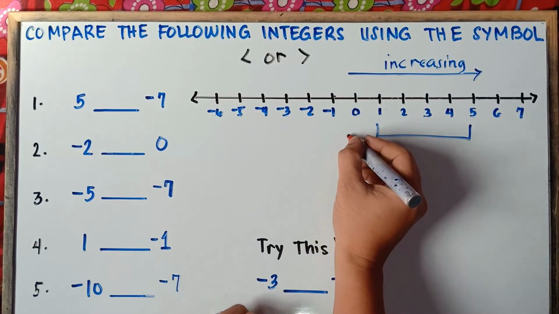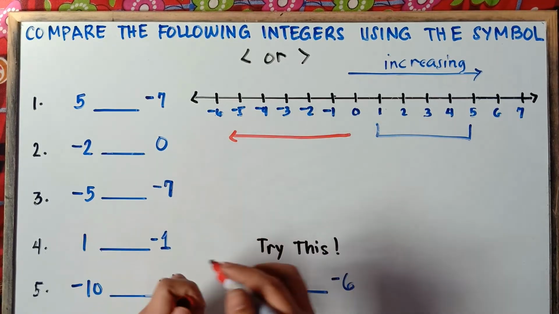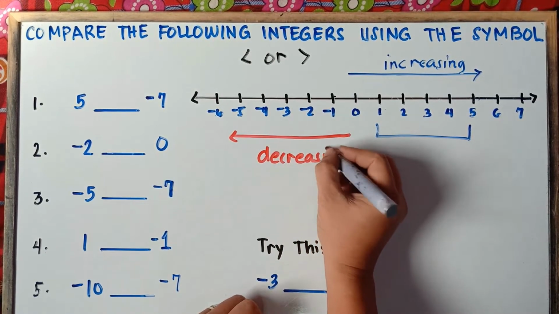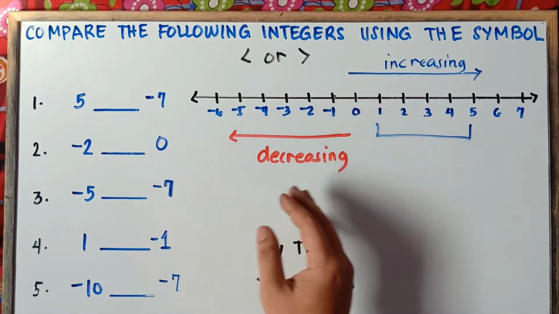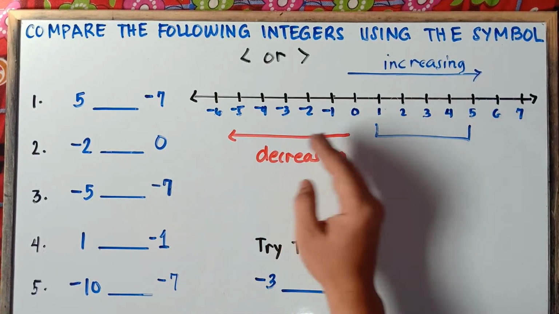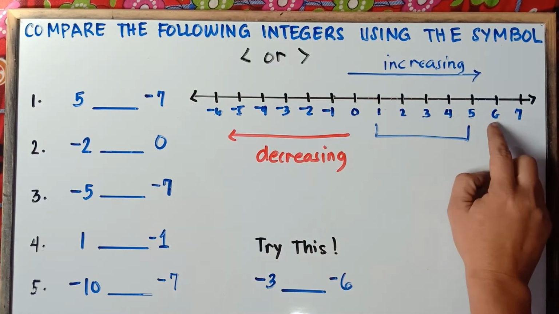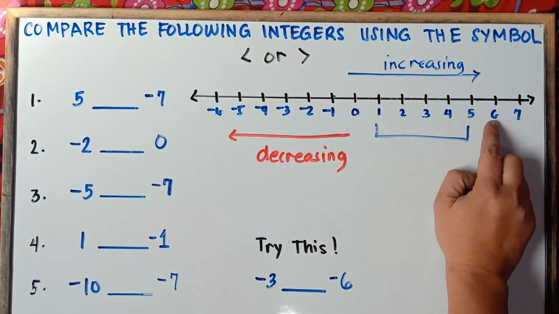Alright, and the numbers going right to left, these numbers are decreasing. So once again, right to left, therefore we can say that positive 1 is less than positive 6, because positive 1 is on the left of positive 6.